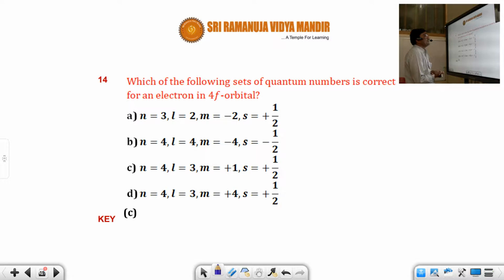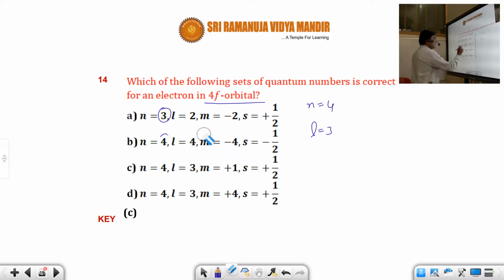Which of the following sets of quantum numbers is correct for a 4f orbital? Underline 4f orbital. Let us see which is correct. The first is wrong because the n value is given as 3. It is wrong. Now, for the next one, for an f orbital the l value will be 3 and the n value will be 4. So this is wrong; the problem is here.